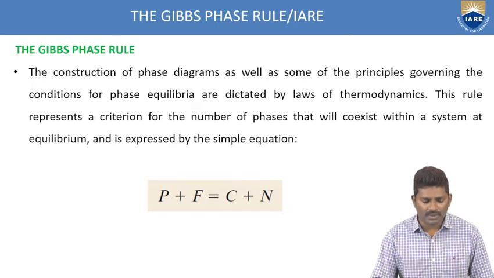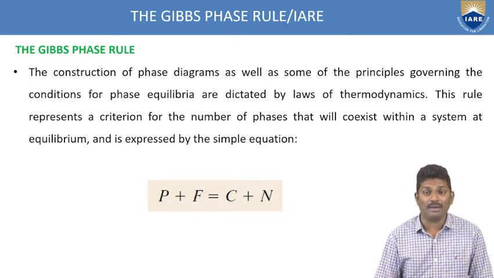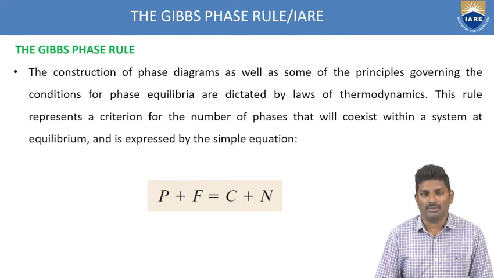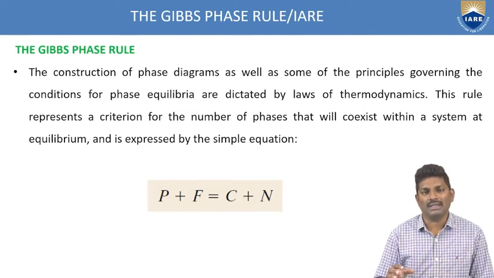Now, the rule represents the criteria for the number of phases that will coexist within the system at equilibrium. So this Gibbs phase rule gives the number of phases present in the phase diagram at equilibrium conditions.